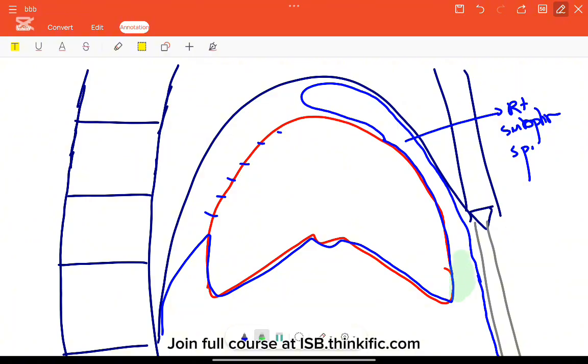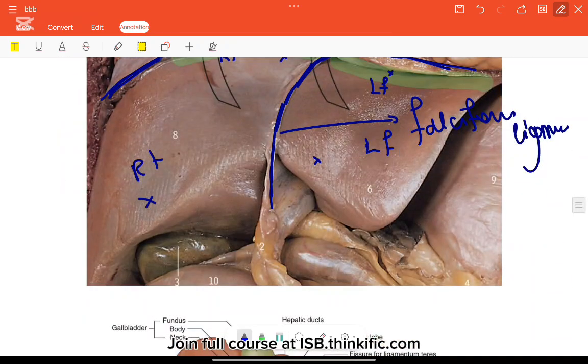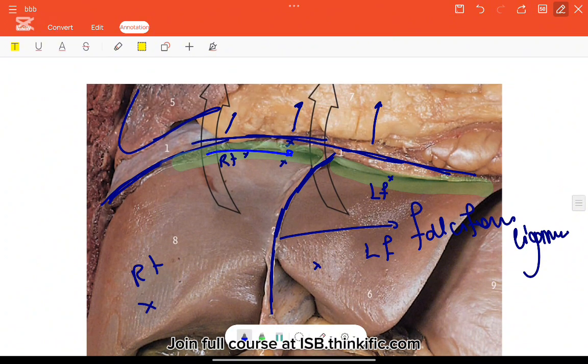The right anterior subphrenic space, which is highlighted over here, is bordered by what? Superiorly, it is bordered by the diaphragm, right? And inferiorly, it's bordered by the anterior surface of the liver. Medially, you will encounter the falciform ligament.